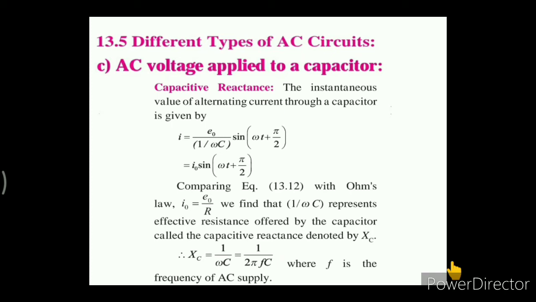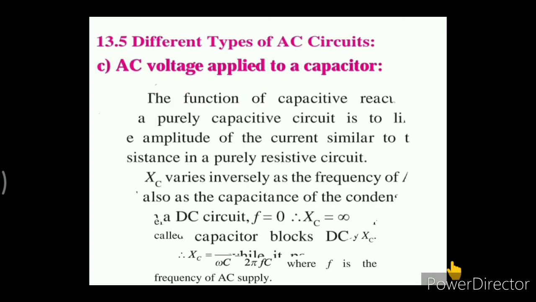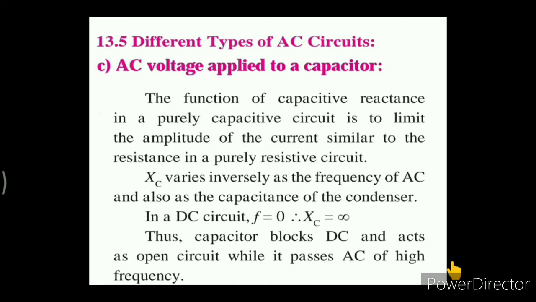The function of the capacitive reactance in a purely capacitive circuit is to limit the amplitude of the current, similar to that of the resistance in a purely resistive circuit.